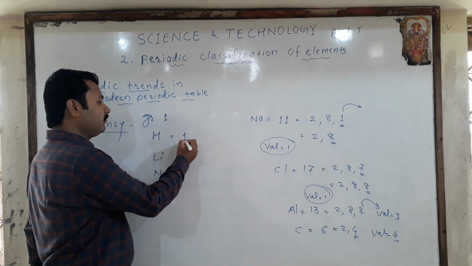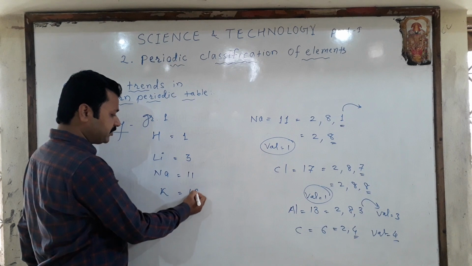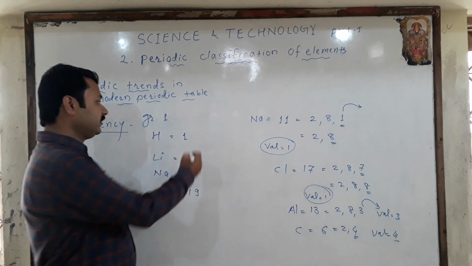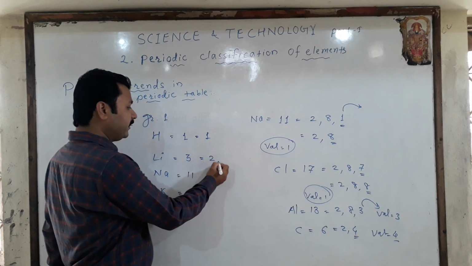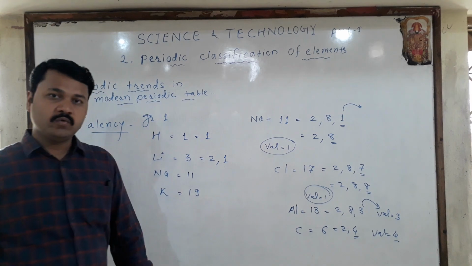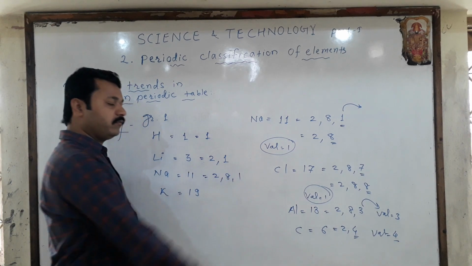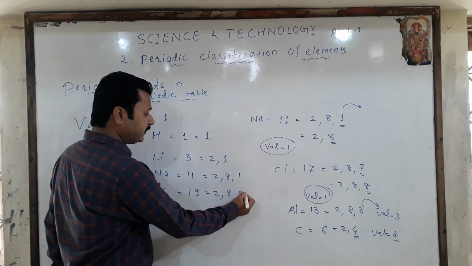Hydrogen has atomic number 1, lithium has 3, sodium 11, potassium 19. Their electronic configurations: hydrogen 1, lithium 2, 1, sodium 2, 8, 1, potassium 2, 8, 8, 1.